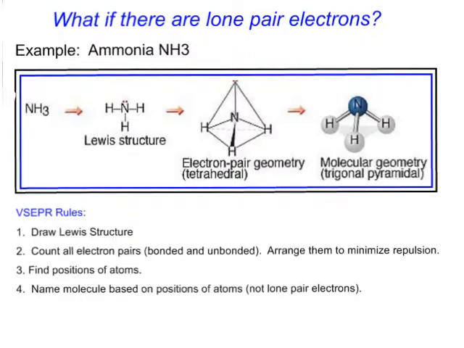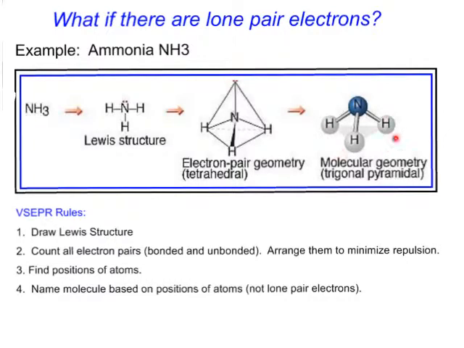However, the very last step, we're going to find the position of the atoms and name the molecule based on the position of the atoms, not the lone pair electrons. So when we look at only the atoms, right here, they are going to be in this shape. This shape is called trigonal pyramidal.